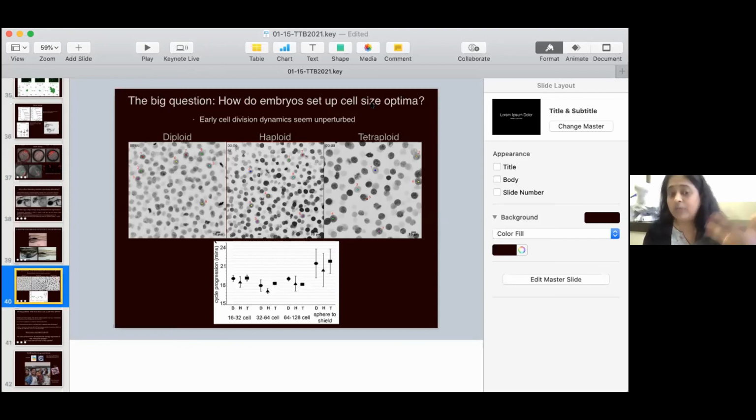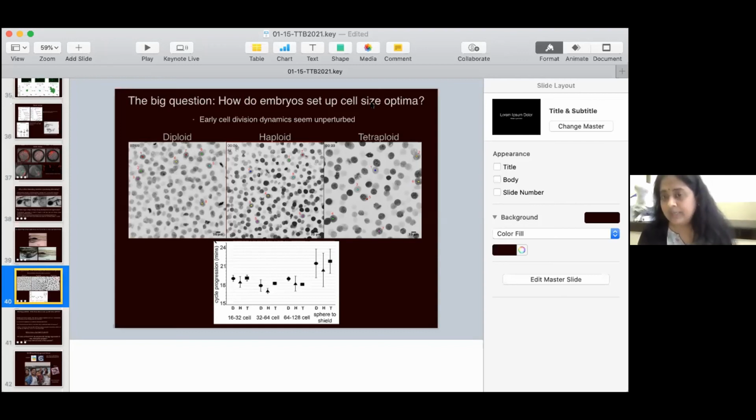What the dosage compensation group says is that the mechanism of dosage compensation is robust in these embryos. So we have not perturbed the dosage compensation process. The single allele transcribes two copies rather than a single copy, and that is how it could be maintaining levels of genes.